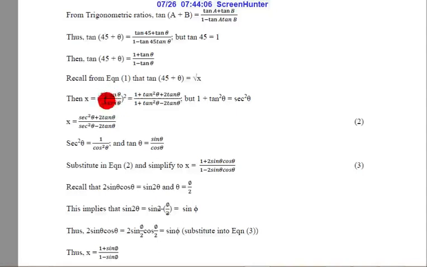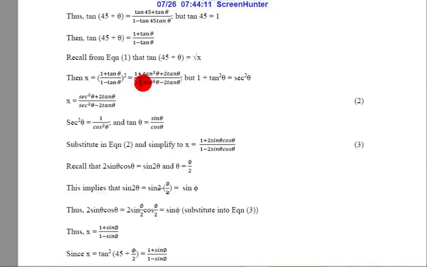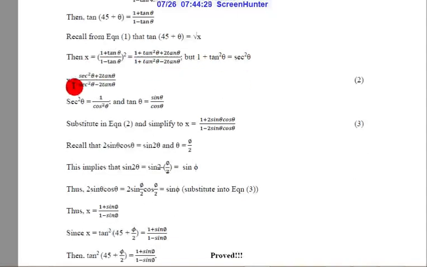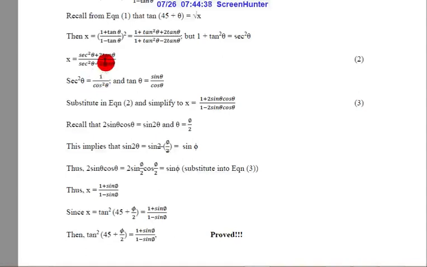When we square it, we have (1 + tan squared theta + 2 tan theta)/(1 + tan squared theta - 2 tan theta). Also from trig functions, 1 + tan squared theta is equal to sec squared theta. So we replace 1 + tan squared theta by sec squared theta, and our x now becomes (sec squared theta + 2 tan theta)/(sec squared theta - 2 tan theta).